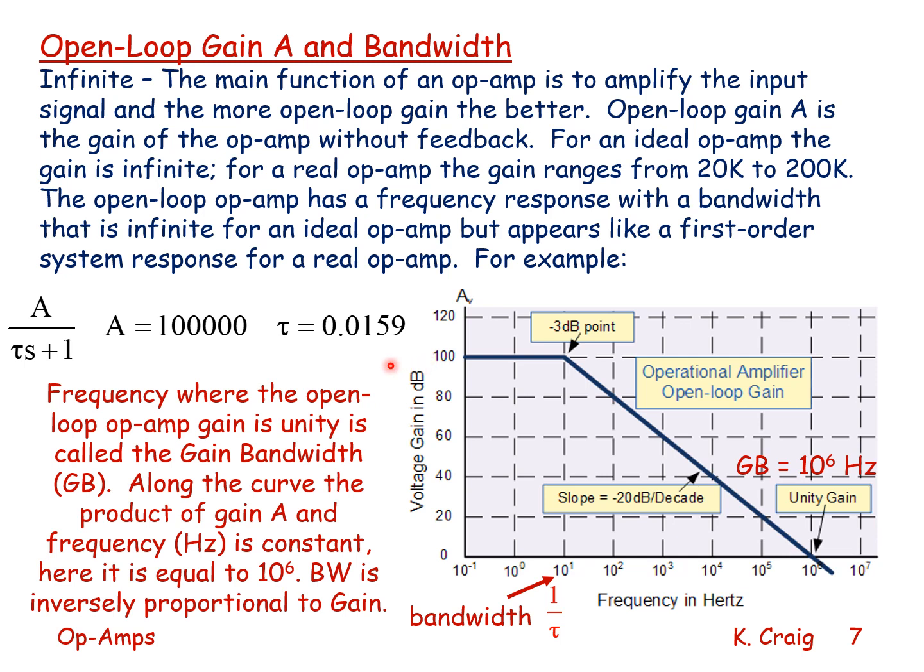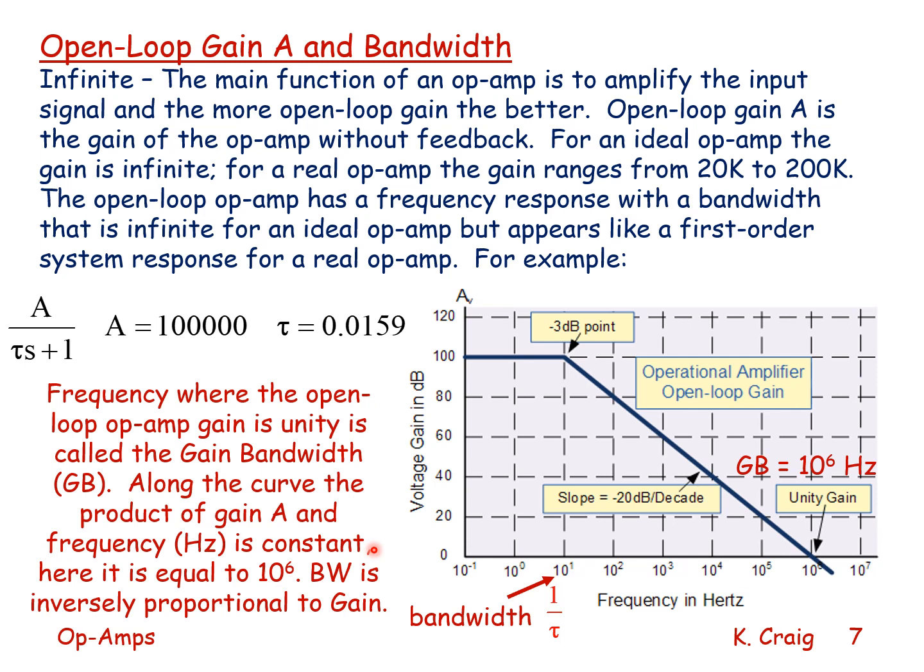The frequency where the open loop op amp gain is unity, here we see that it intersects the frequency axis at 10 to the 6th hertz, where the gain is 0 dB, or 1. The frequency where that open loop op amp gain is unity is called the gain bandwidth, GBW. Along the curve, the product of gain A and frequency in hertz is a constant.